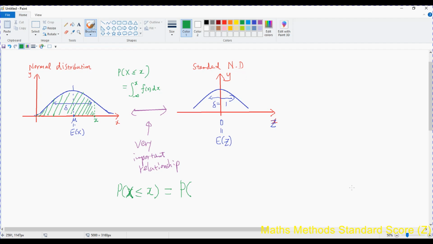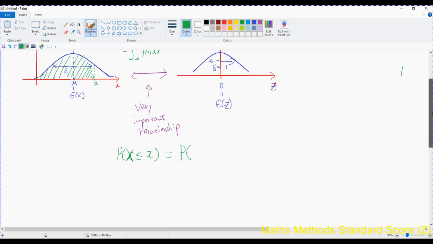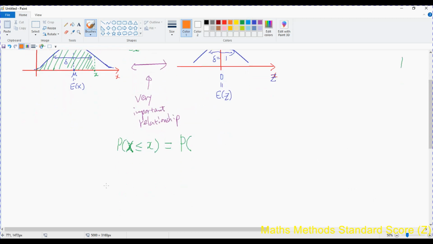How can we do that? First of all, you need a transformation. So I'm going to write the transformation here. Sorry, my handwriting here is not good, I know.